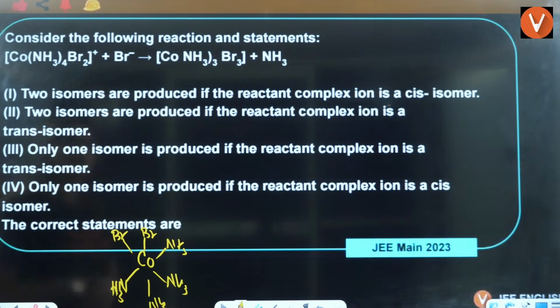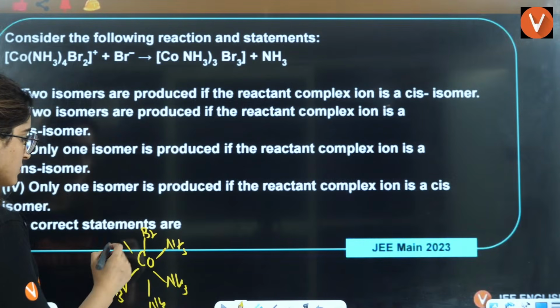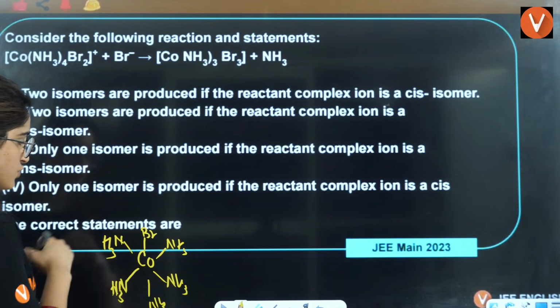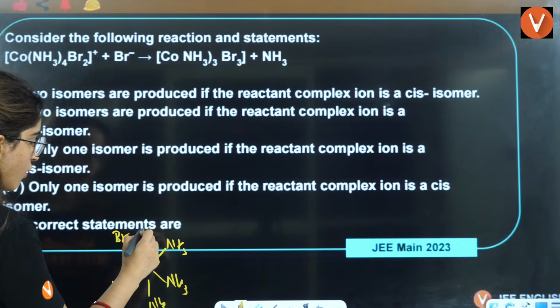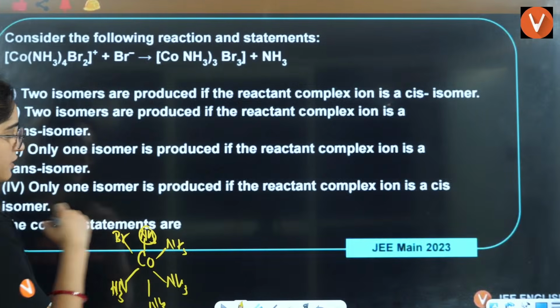Then if you replace one Br with NH3, either this Br you will replace, it will form this kind of situation, or this Br you will replace, or this Br you will replace.